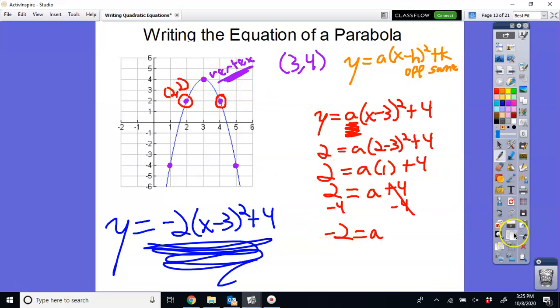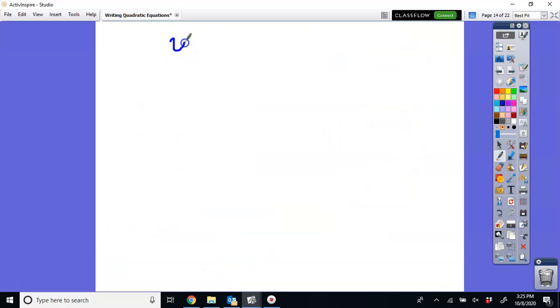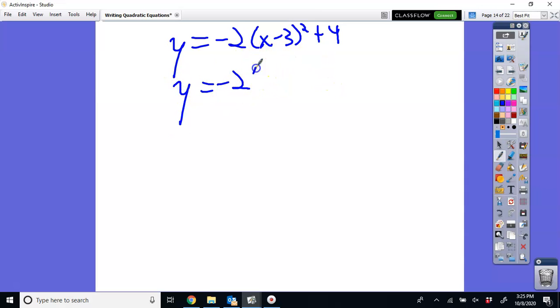Now what I also want to show you is how this negative 2 times (x minus 3) squared plus 4 ties back with the standard form of a quadratic. (x minus 3) squared is really (x minus 3) times (x minus 3). Be careful there. You can't do x squared and 3 squared.